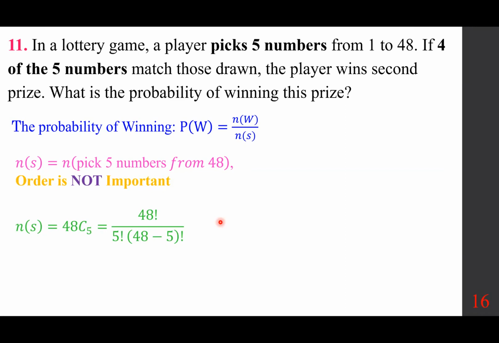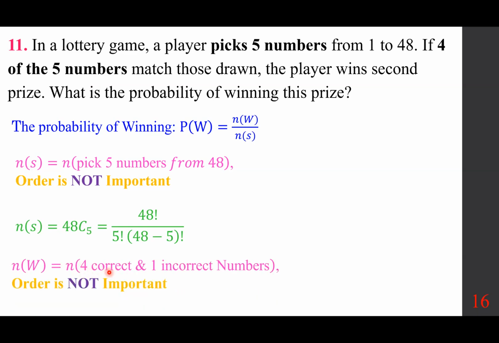Now, we want to calculate N of winning. How do we win? Let's go back, see if 4 of the 5 numbers match those drawn, which means we want the possibility that 4 is correct and 1 is incorrect. So N of W is N of 4 correct and 1 incorrect. Again, order is not important. So how do we get 4 correct?